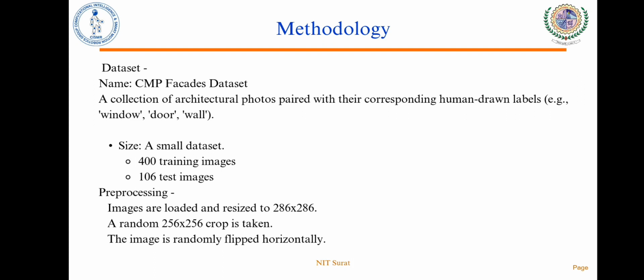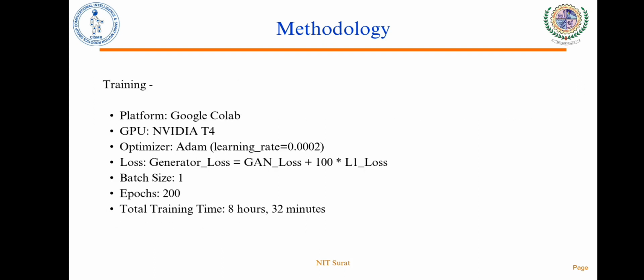Preprocessing follows the Pix2Pix pipeline: resize to 286 by 286, random crops to 256 by 256, and random horizontal flip. That's all. This is for 200 epochs overall.